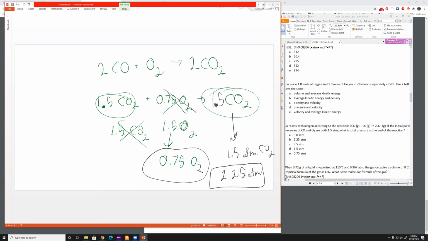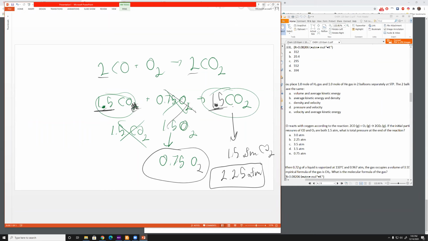So we're going to use that half and all of the CO to make the same 1-to-1 equivalent of the product. Since the product and the reactant are in a 1-to-1 ratio, or 2-to-2 ratio, 1.5 atm of CO2 will be produced.